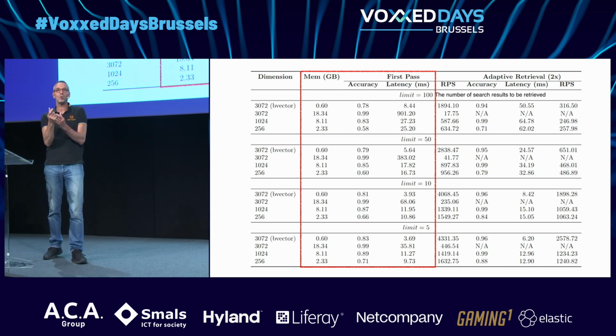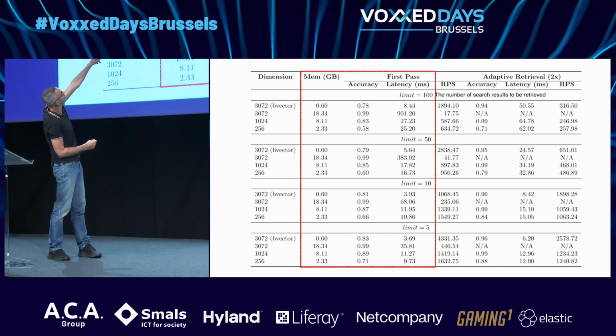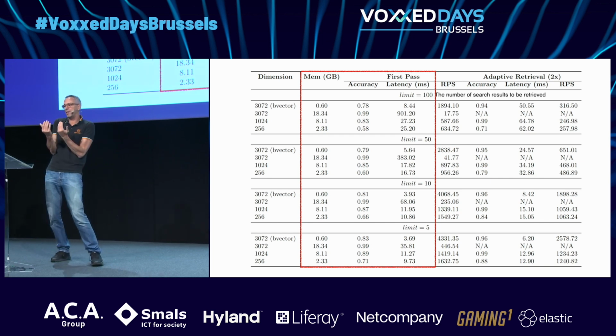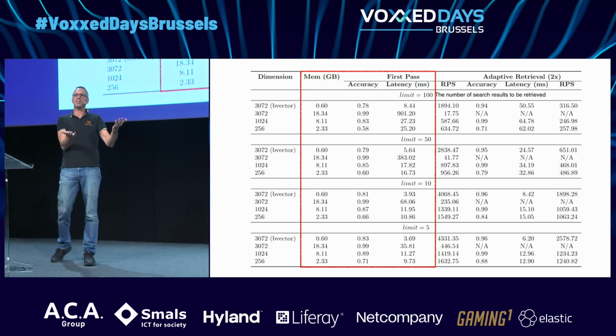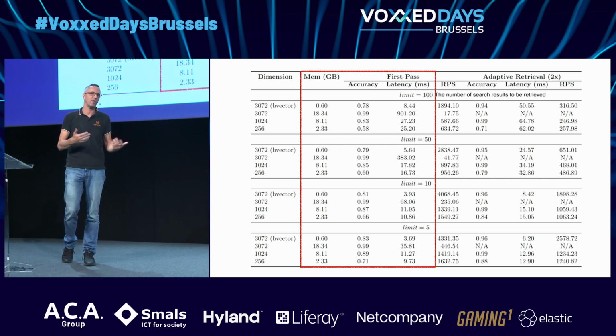So there's a huge gain in response. And the accuracy isn't such a big drop. It goes from 0.78 to 0.99. So there is a difference, but it depends on your use case. If it's just answering questions, it's not like financial transactions or whatever.